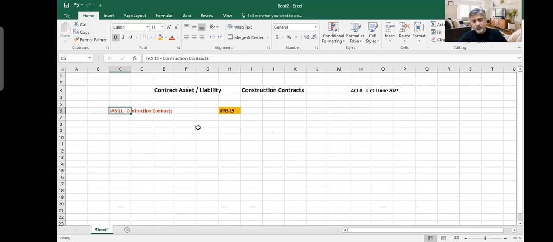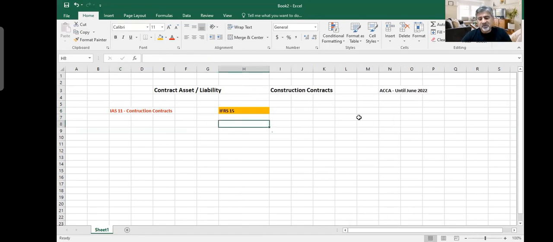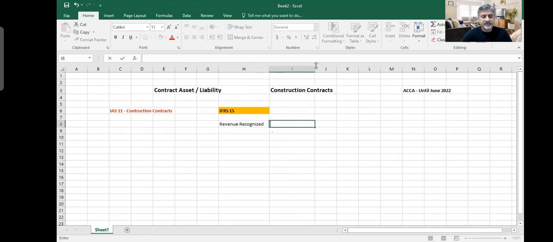So first we need to understand the IFRS 15 method. I will write it down here so that you can understand. It is called revenue recognized, how much revenue you have recognized. And of course, you can only recognize revenue which has been verified by a third party.